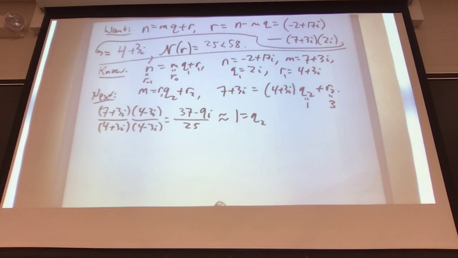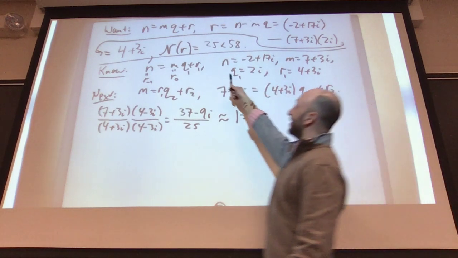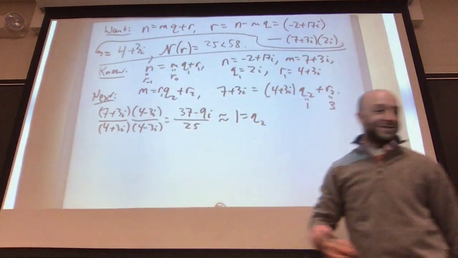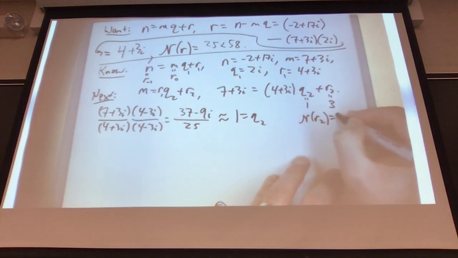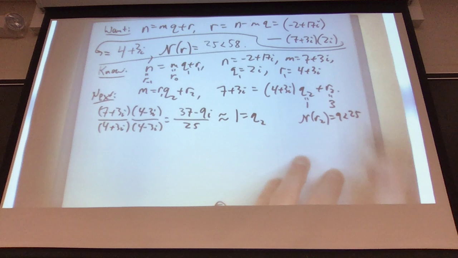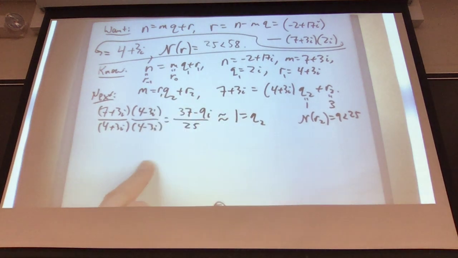Okay. The norm of R2, which is 3, is 9, and that's strictly less than 25, which was the norm of R1. Can we keep going?